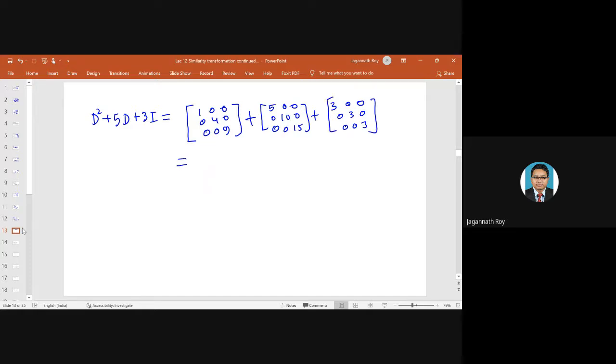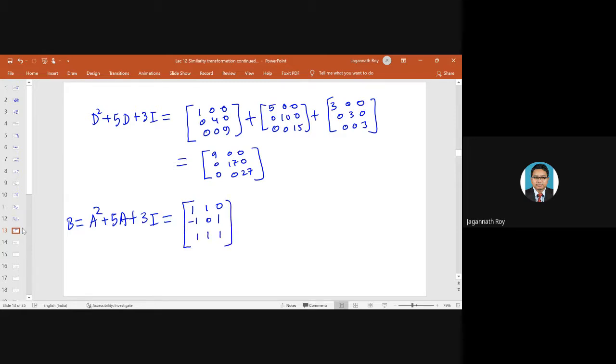The resultant matrix becomes 9 0 0, 0 17 0, 0 0 27. The next task is to multiply. So B equals A square plus 5A plus 3I, which is nothing but P times this matrix times P inverse. The P matrix is 1 1 0, minus 1 0 1, and then 1 1 1.